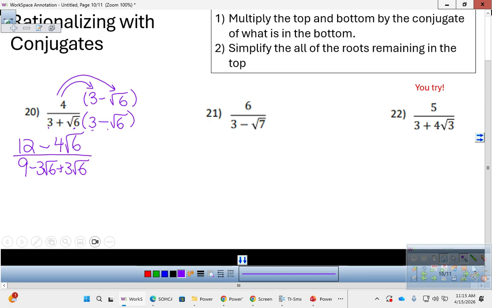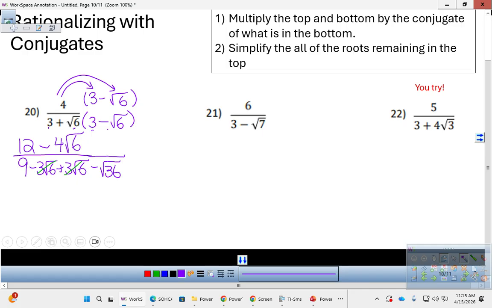And then positive root 6 times negative root 6 is negative root 36. So just like we were doing earlier, when you multiply by the conjugate, the middle term zeroes out. The negative 3 root 6 and the positive 3 root 6 become 0.